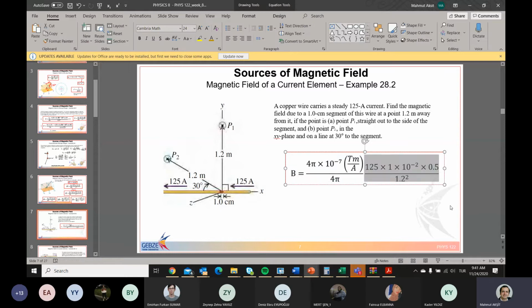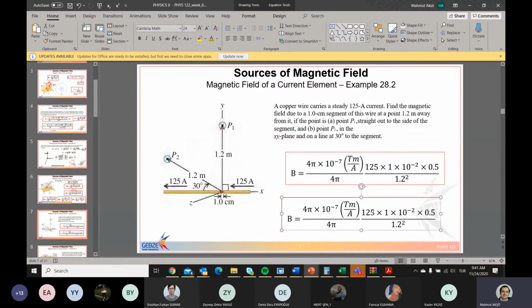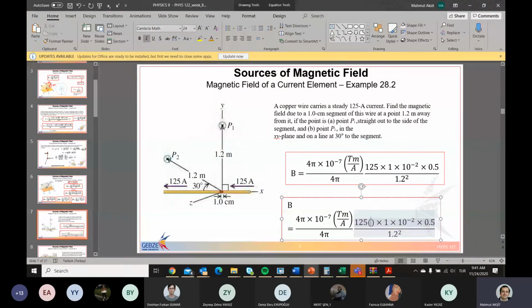Now we can calculate this. This is, by the way, current. This is meters. This is meter square.